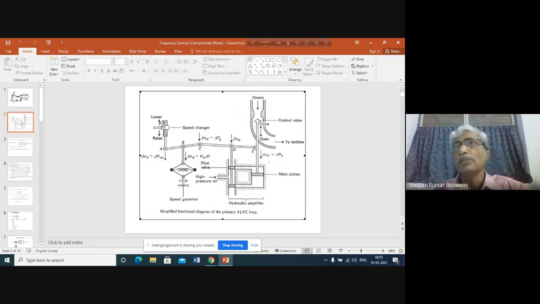Okay, so you have moved the point A downward step by step, and as a result of this movement, what has happened finally? The steam valve opening has increased. As steam valve opening has increased, speed has increased. Because of speed increase, B has moved down, C also has moved down.